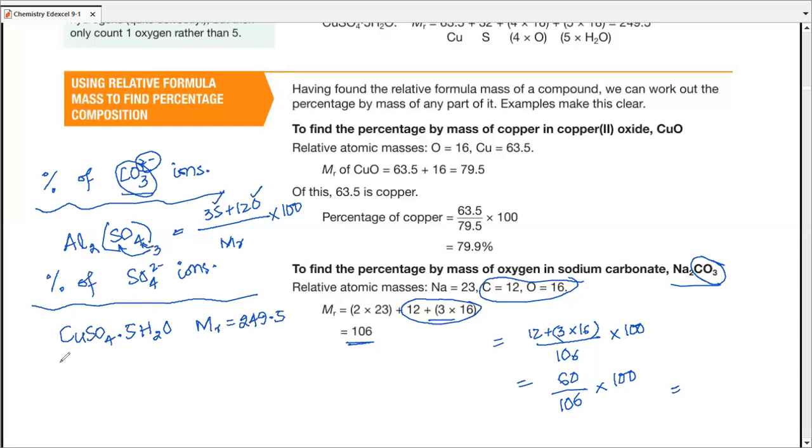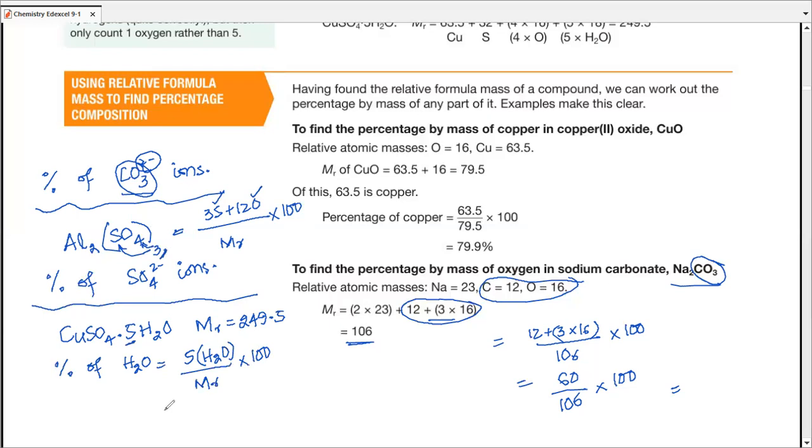Now, what if the examiner asks you to find the percentage of water in this? How would you do that? It's pretty easy. 5 into water molecules, and you divide it by MR into 100. That's how it goes. Remember, this number also matters, not just the subscript one.